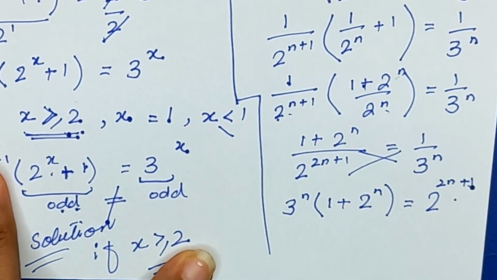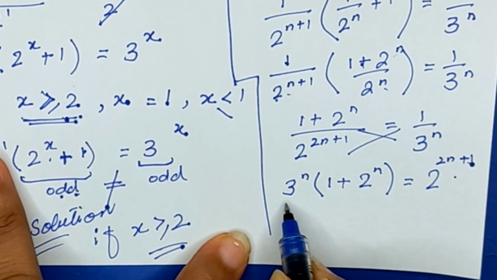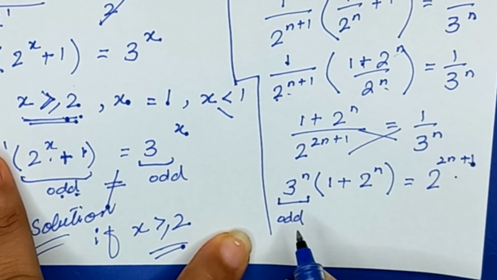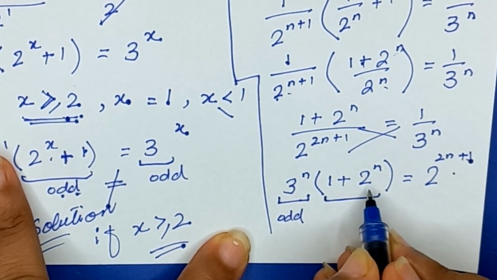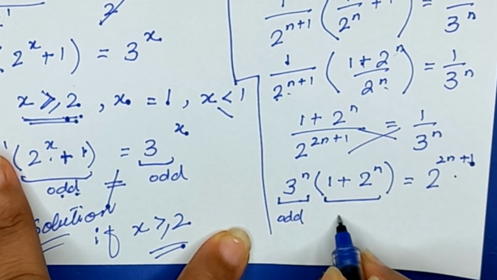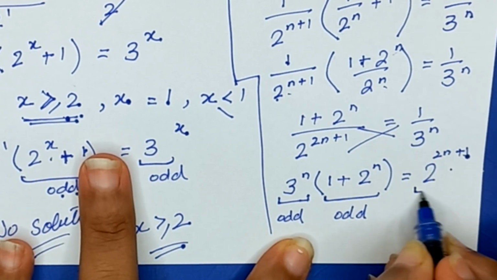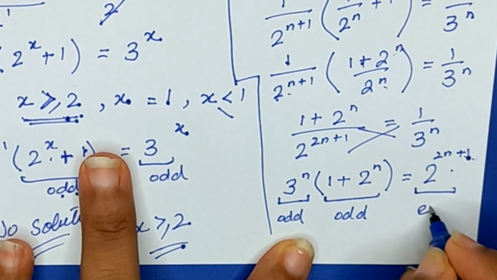Okay, now we will check that this 3 raised to the power n will be an odd number, and this 2 raised to the power n will be an even number, and when 1 is added to this number, it will become an odd number. But this number 2 raised to the power 2n plus 1 will be an even number.